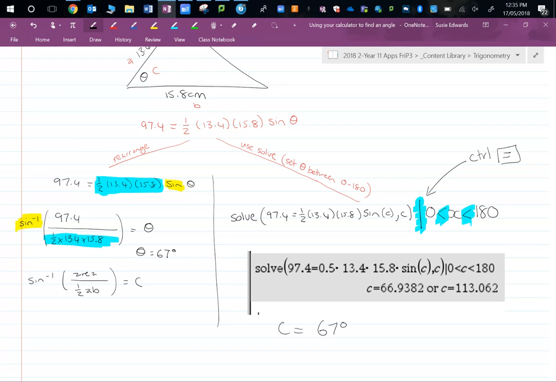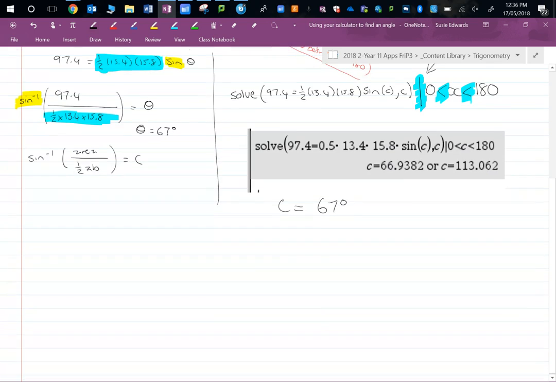You've got 2 sides and an angle, and it gives you the area, so you're using the area rule to find the angle. You could go 0 to 90 if you wanted to, yes, and you'd get the right answer.